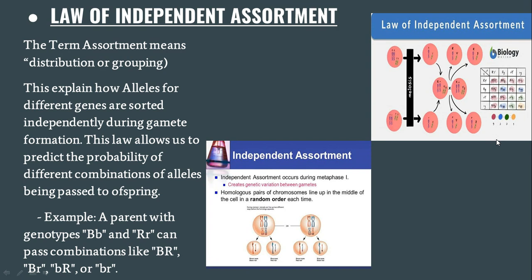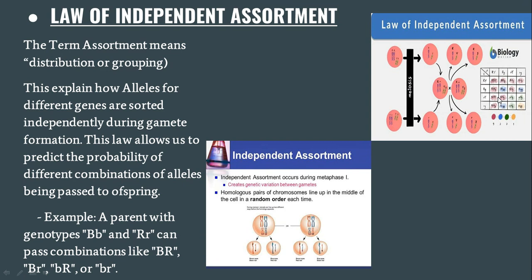The second row, the combination from the other parent, will be two capital R, one capital Y and one small y. The second one will be two capital R and two small y.